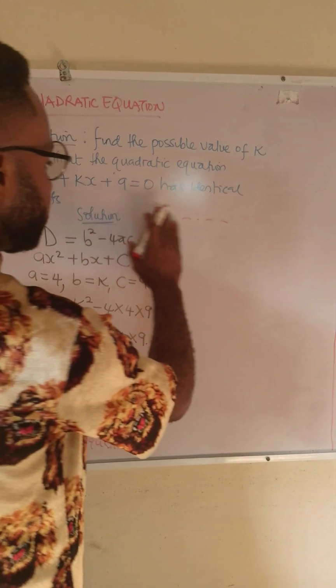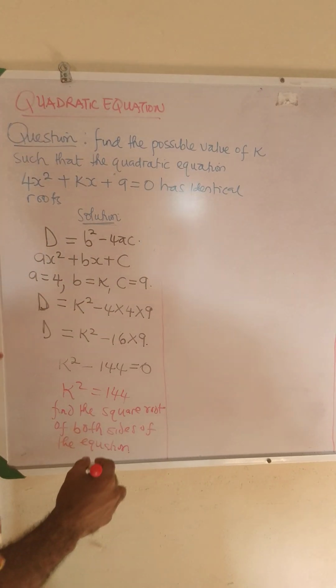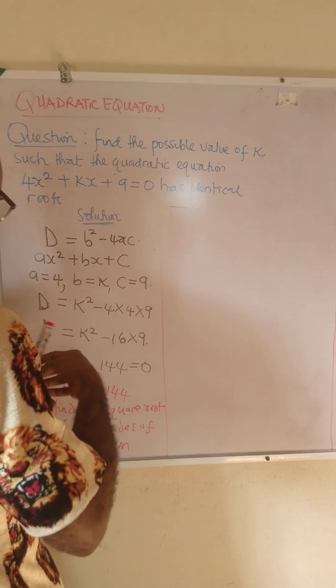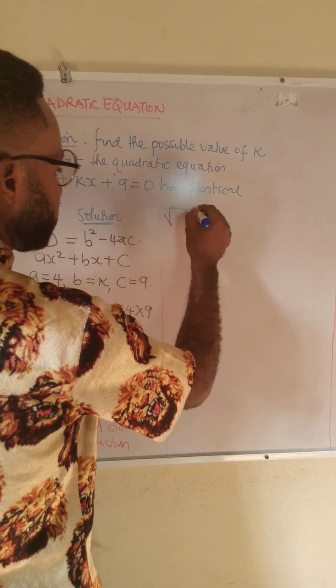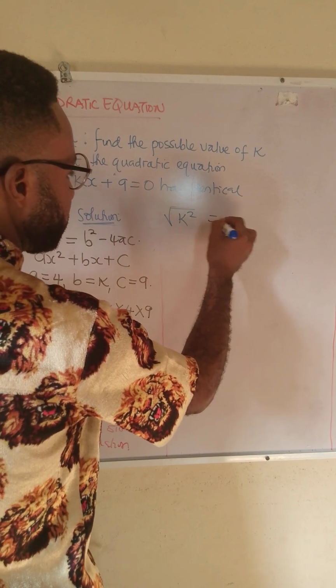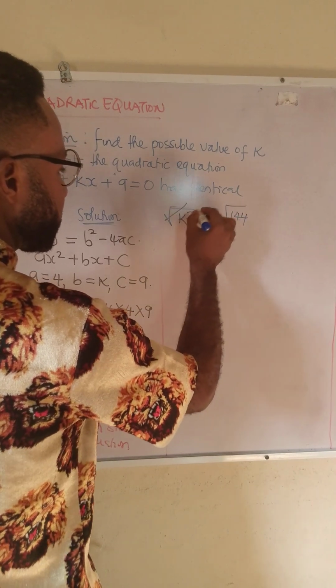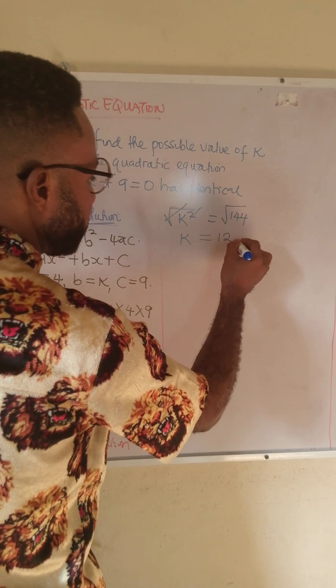When we do that, we are going to have the square root of k squared equal to the square root of 144. So if this cancels, our k will be equal to the square root of 144, which is 12.